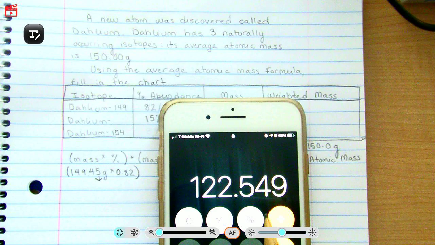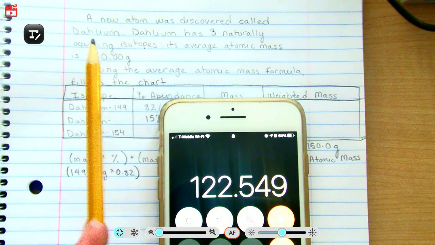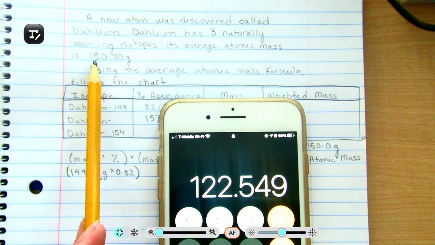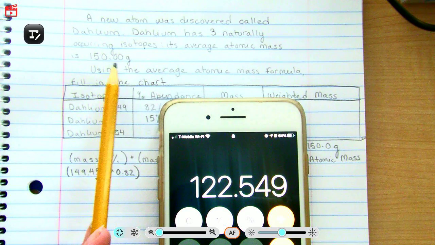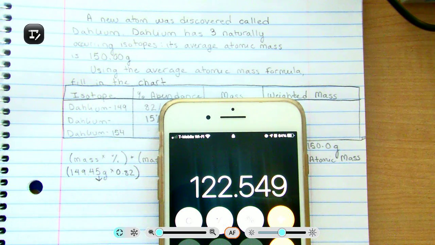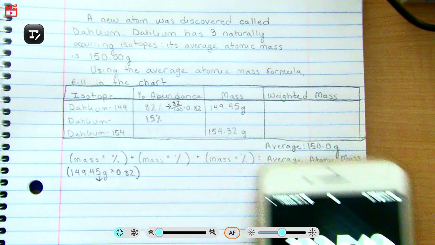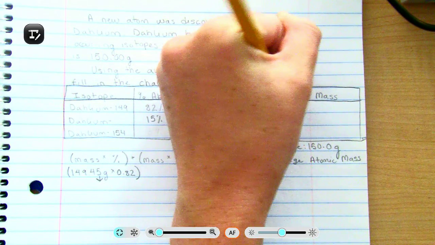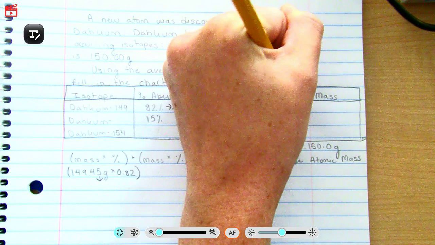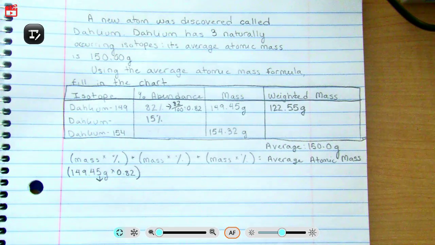I am going to make this 122.55. On the periodic table that we use and in the equation, we see that the average atomic mass is 150 grams, so we're just going to keep it to 2 decimal points to make our lives easier. So our weighted mass would be 122.55 grams. Don't forget your units, they're very important.